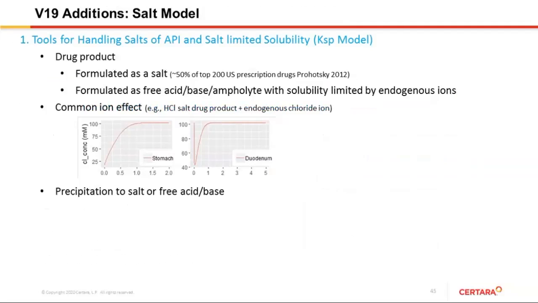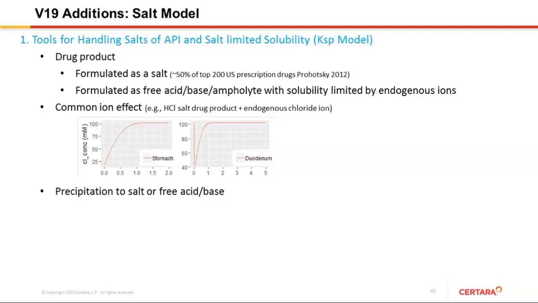For handling the salts, you can handle drug formulated as a salt or not formulated as a salt, but with some interaction with endogenous ions. And we can also handle common ion effects, such as with a chloride salt with endogenous ions. And we're able to capture in the simulations time variance in chloride concentrations in the GI tract.